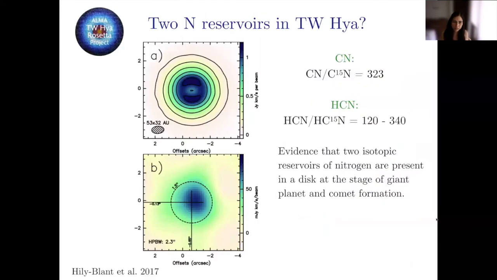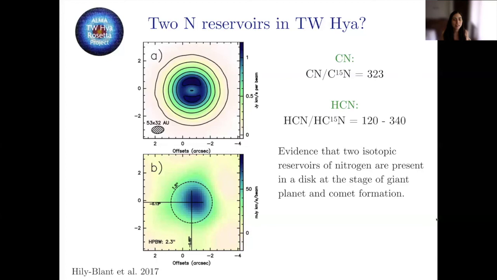What is unexpected, though, is that when you measure the fractionation ratio in CN, this was done previously in 2017, also by Hily-Blant, they found that the fractionation ratio is higher, about 323 for CN, compared to what you find when you use HCN.